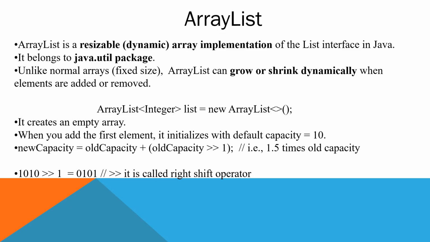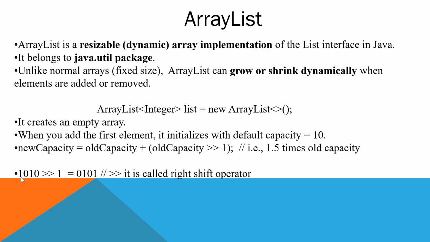So at that time it uses one formula to increase the capacity. What is the formula? New capacity equals old capacity plus old capacity >> 1. What is >> 1 called? It is called the right shift operator. So how does it work? First it will calculate the old capacity we have, which is 10.